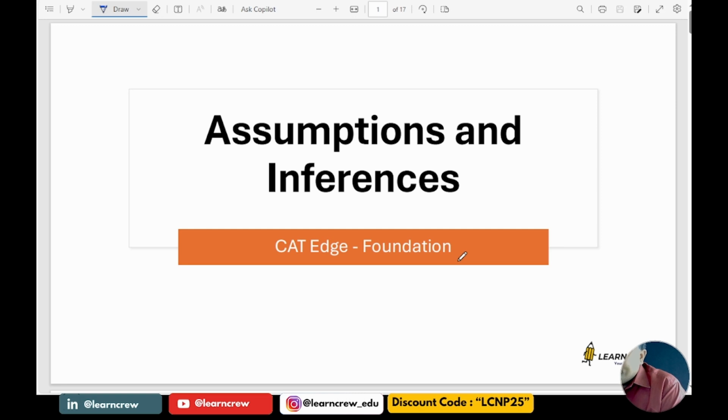What about the inferences? Let me also explain some examples related to inferences. For example, Giri has been studying for hours. What can be the inference? Giri might be preparing for an exam.